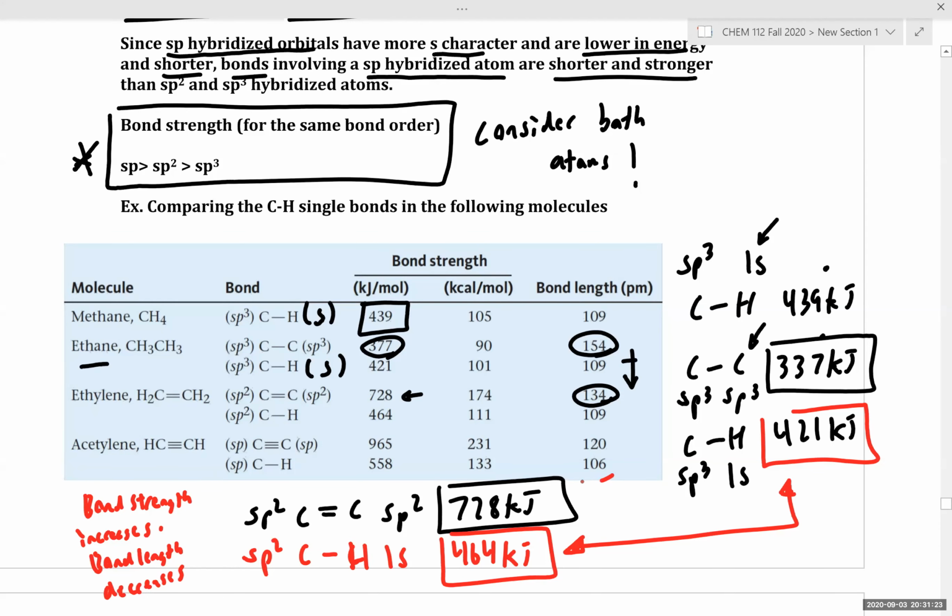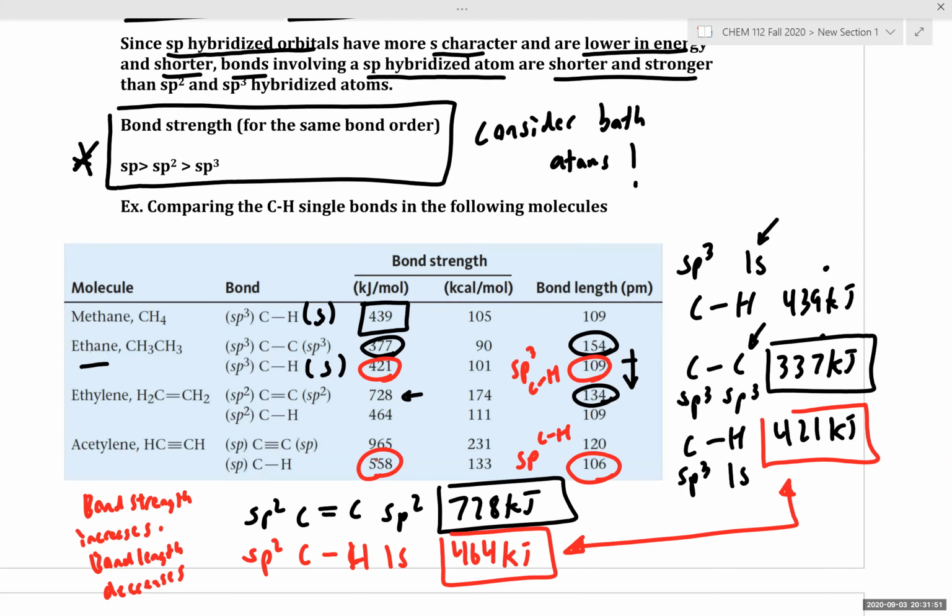And we see this quite clearly where if we compare our sp carbon-hydrogen bond to our sp3 carbon-hydrogen bond, which bond is not only shorter, but also stronger? The sp, exactly right.